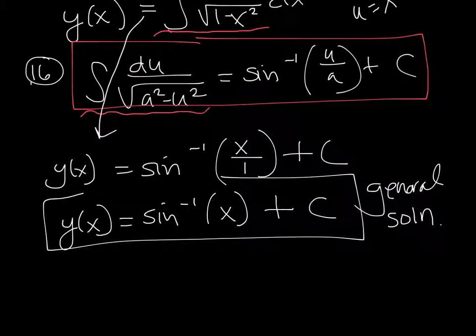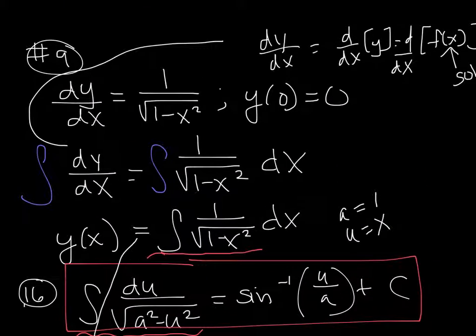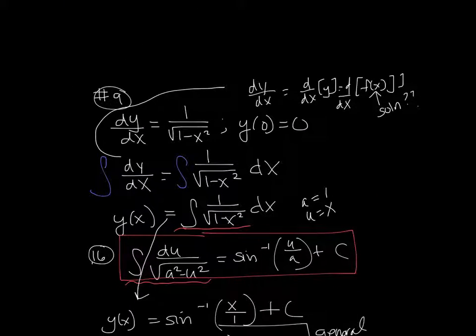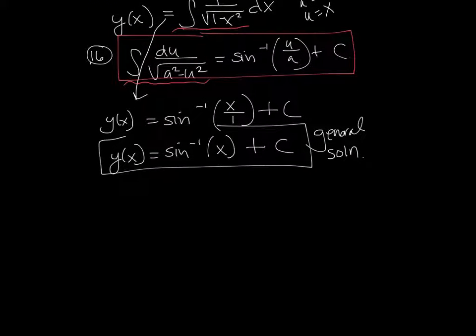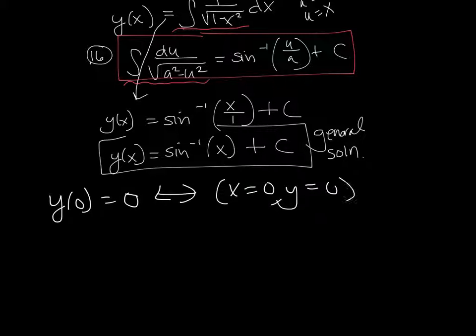So now let's find a particular solution, because we're given an initial condition, y of 0 is equal to 0. So let's use that initial condition. y of 0 equals 0, so that obviously means x is 0 and y is 0.